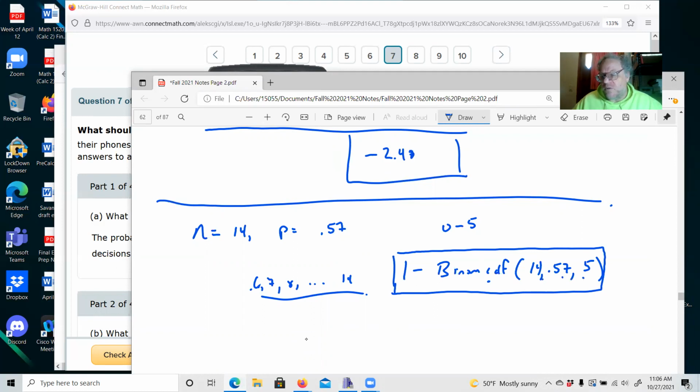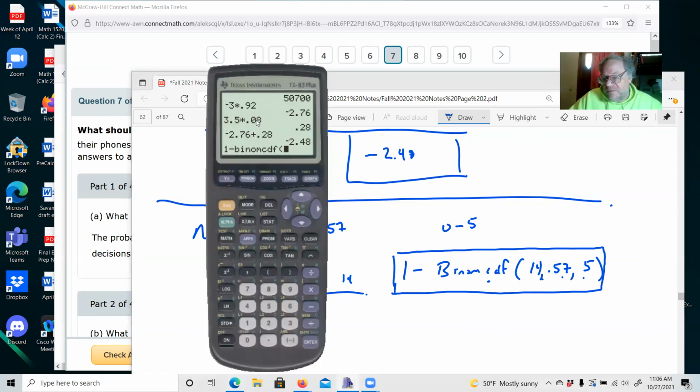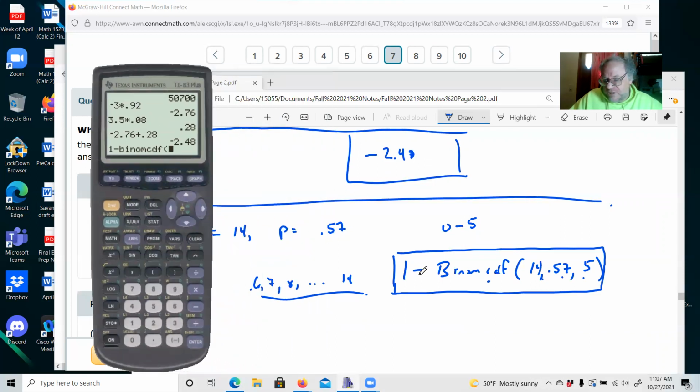Did you put these in the right order? If you have a TI-84, you don't have to memorize the order. If you have a TI-83, you got to memorize the order. You can get TI-84s from the library for a couple of hours. You can check them out. So we have 14, comma, 0.57, and then 5.